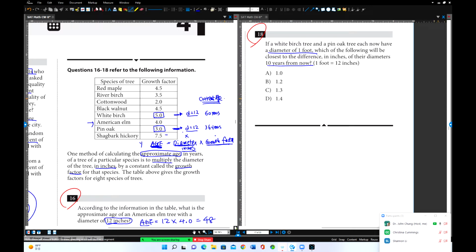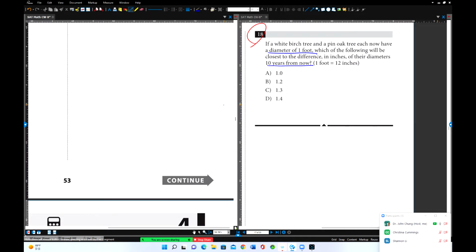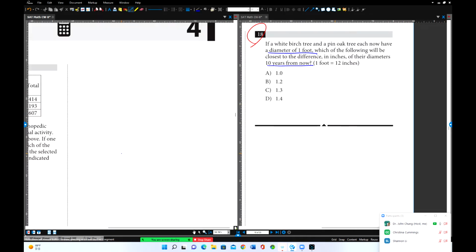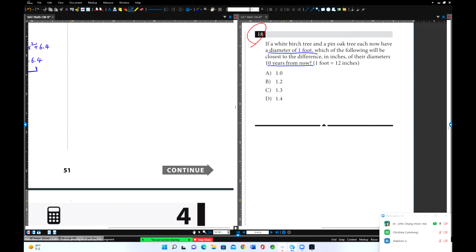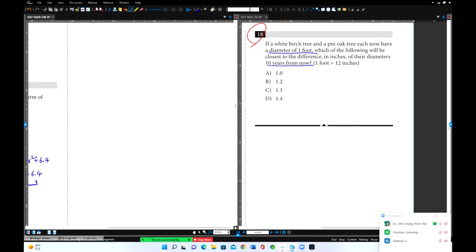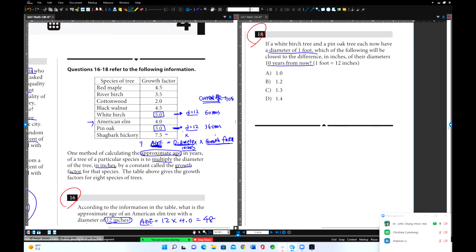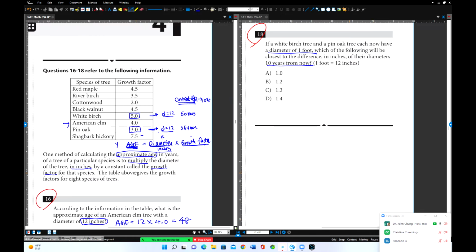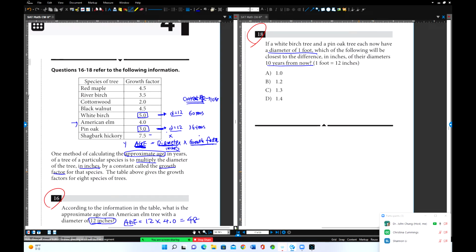After 10 years, the white birch is 70 years old, and the pin oak tree, plus 10, is 46 years old.